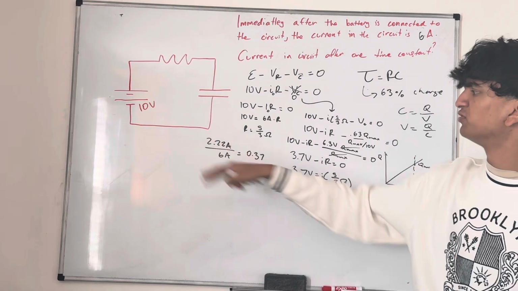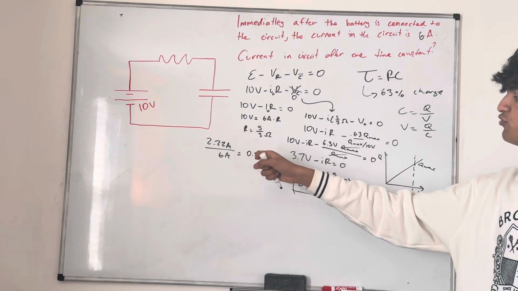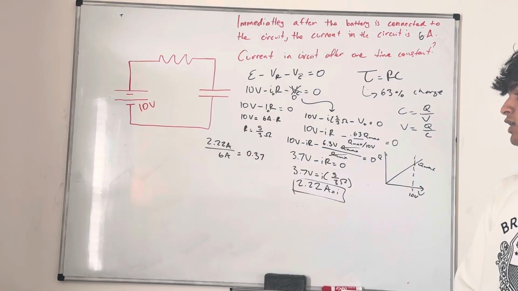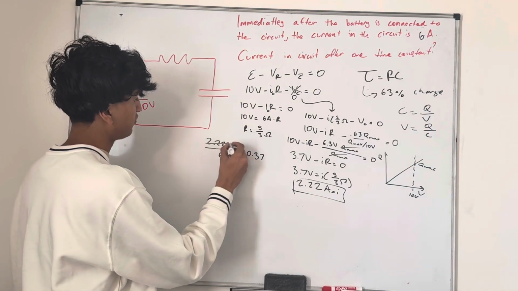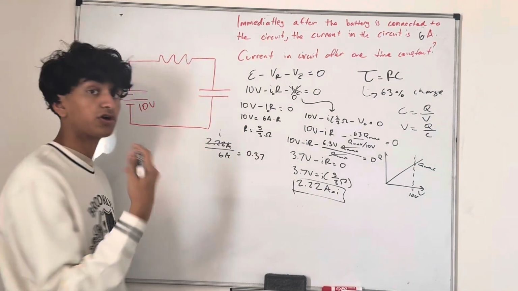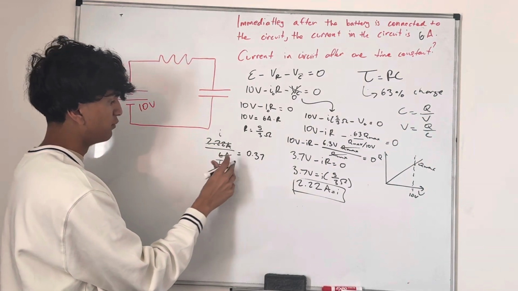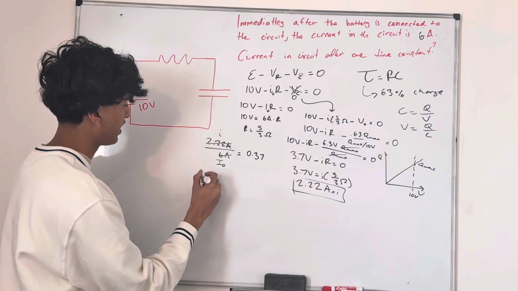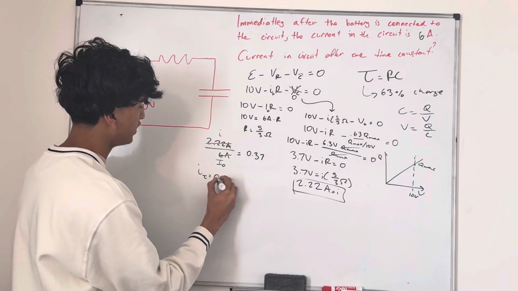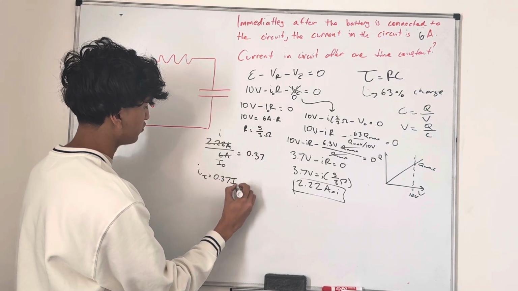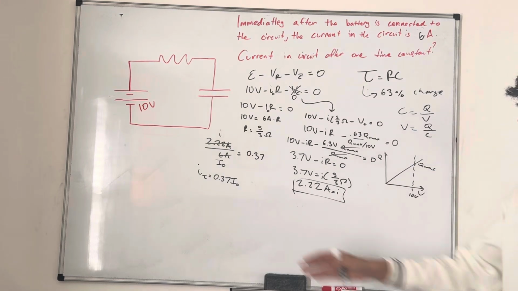Obviously, I won't get 2.22 each time, but depending on the numbers, it's always going to net out to a ratio of 0.37. So if this was our I that we're solving for, our current at a certain time, that's why I'm using a lowercase i, and this was our I initial, and I multiply I initial to both sides, I get the current after one time constant is always equal to 0.37 I initial.